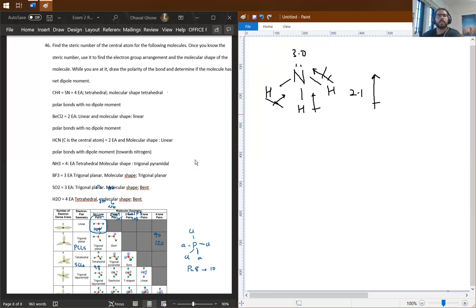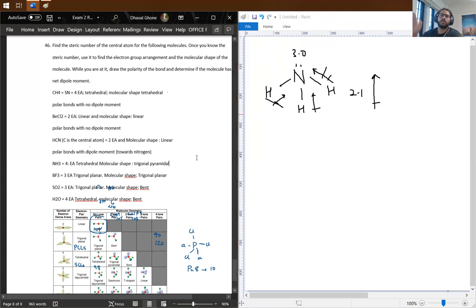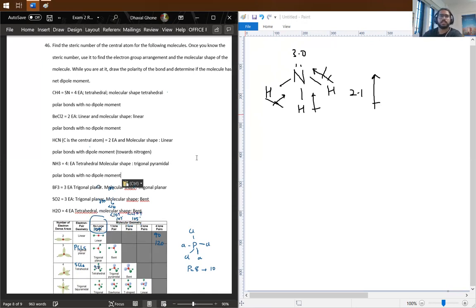Okay, so it's also important how you draw the molecule, draw the truest molecular shape, so they act like what happens in reality. So I would say there are polar bonds with dipole moment again towards nitrogen.